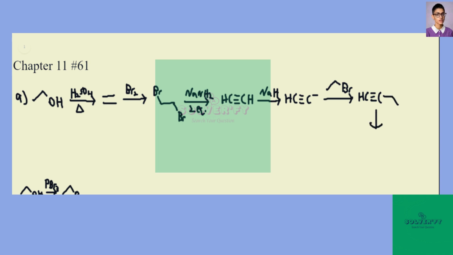And so we can now deprotonate this again with sodium hydride. So deprotonate and then use that acetylide ion as a nucleophile to open this epoxide, and then protonate the epoxide with water. And that is actually going to get us to our product.